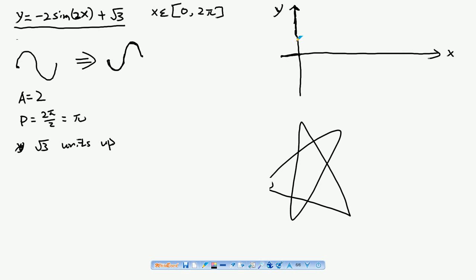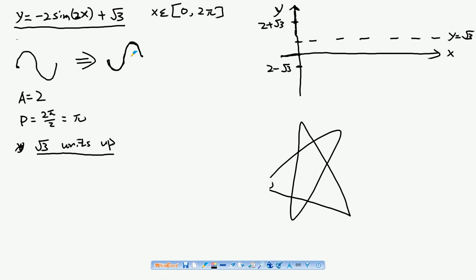Because of the vertical translation, we have a neutral line at y equals square root of 3. The maximum point is always your amplitude plus the neutral line, which here is 2 plus square root of 3, and your minimum point will be 2 minus square root of 3.